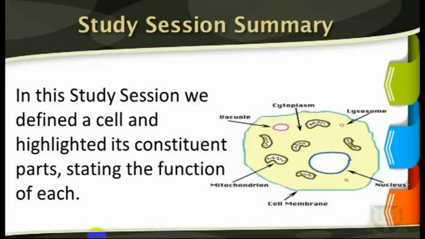A system is made up of an association of organs that have a common function. The major systems in the human body include digestive, nervous, endocrine, urinary, reproductive, and respiratory systems.